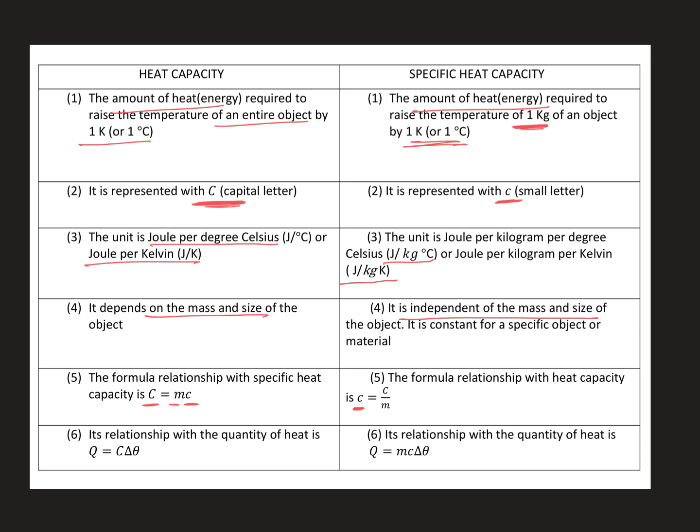The relationship with the quantity of heat, that is Q, is heat capacity multiplied by change in temperature, that is delta theta. The relationship with the quantity of heat is Q is equal to mc delta theta.